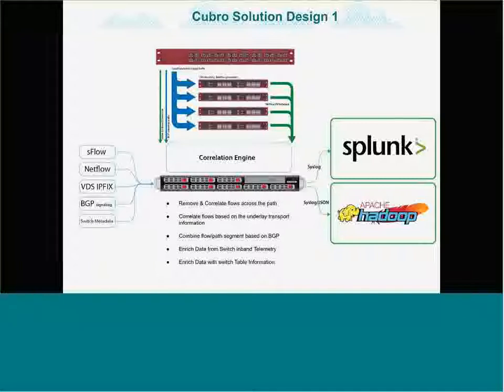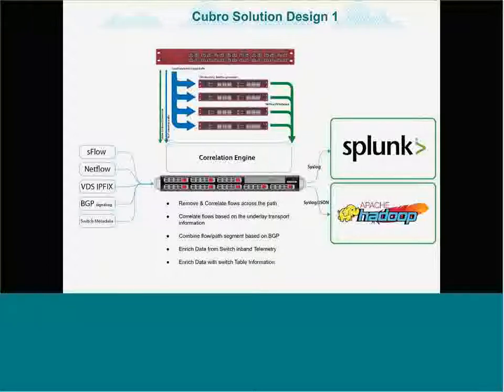So what we do is we correlate a lot of information to get the end-to-end view of the traffic in a network. Our packet brokers produce sFlow. If needed, we also do NetFlow for statistics, but it's not always needed. But we also do BGP.